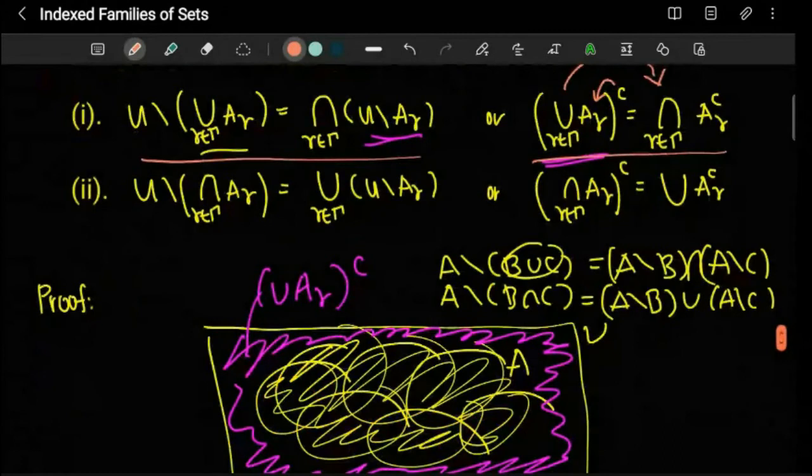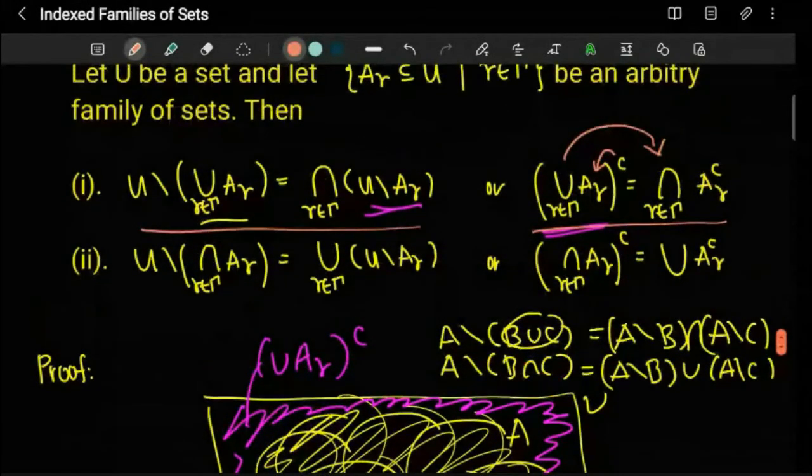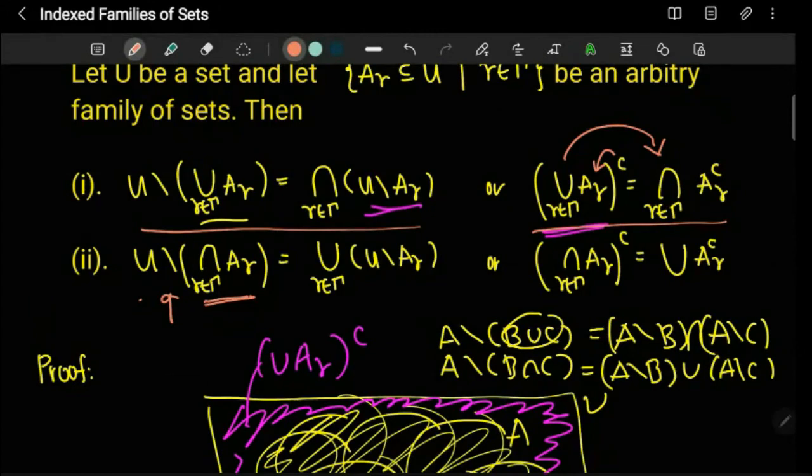Okay? So on the other hand, kung intersection naman ang given, so you have an arbitrary intersection and then you get its complement, that's also the same as you get the complement of each first, then you get the union. Okay. So, nababaliktad. Exactly De Morgan's rule.